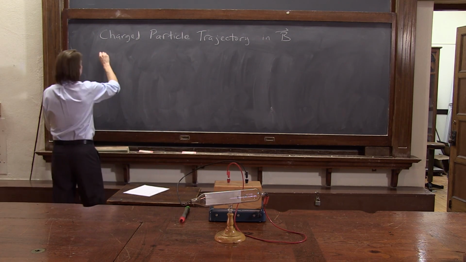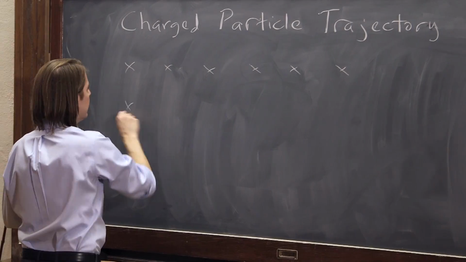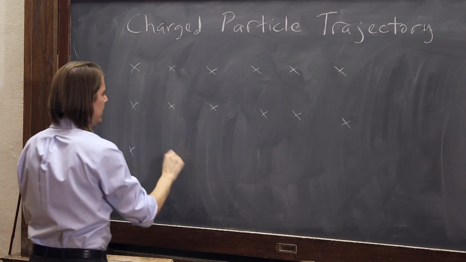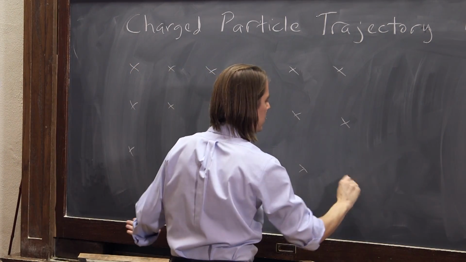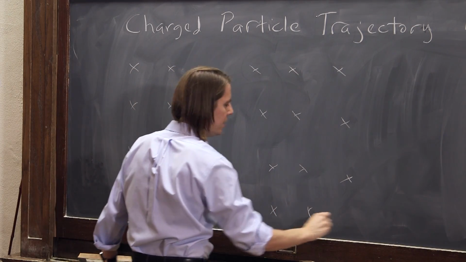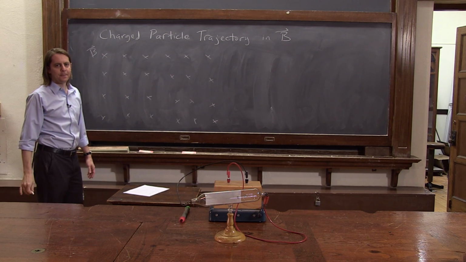Let's just draw, say, a uniform B field into the plane of the board. This, all the arrow tails flying away, and there it is, B. Uniform B field.